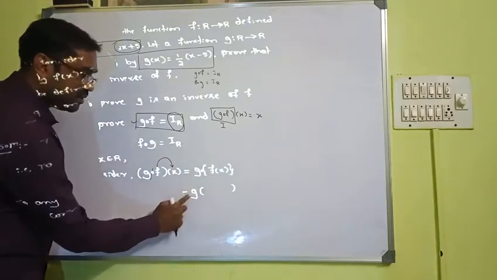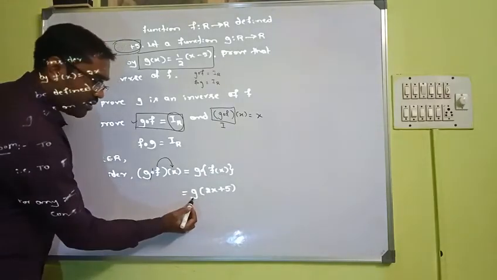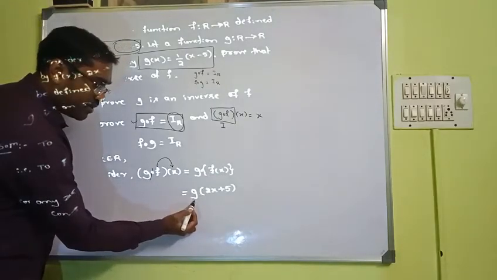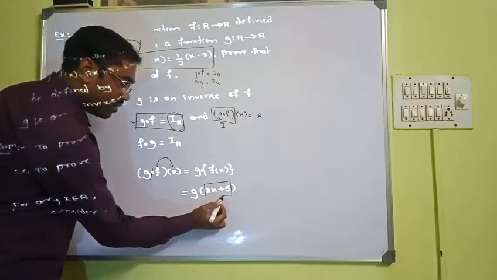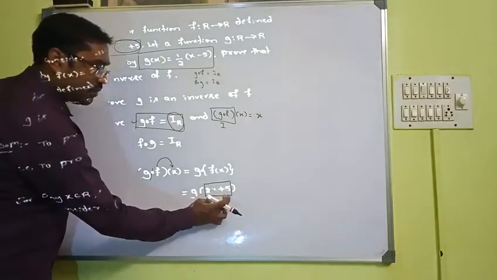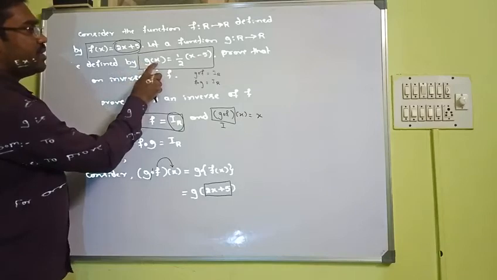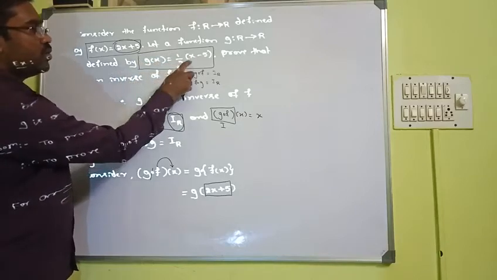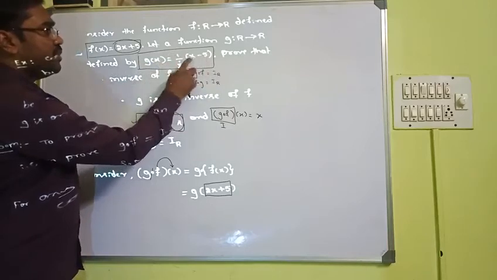Here g as it is, f of x is this. Now let us apply this function g on this element. What is g of an element? g of an element is 1 by 2 into element minus 5. But what is the element now?